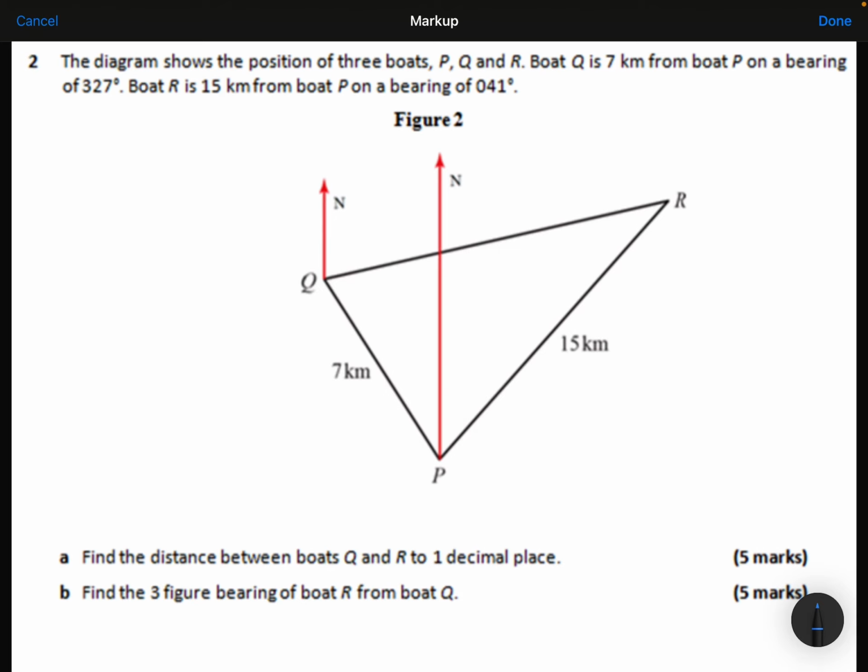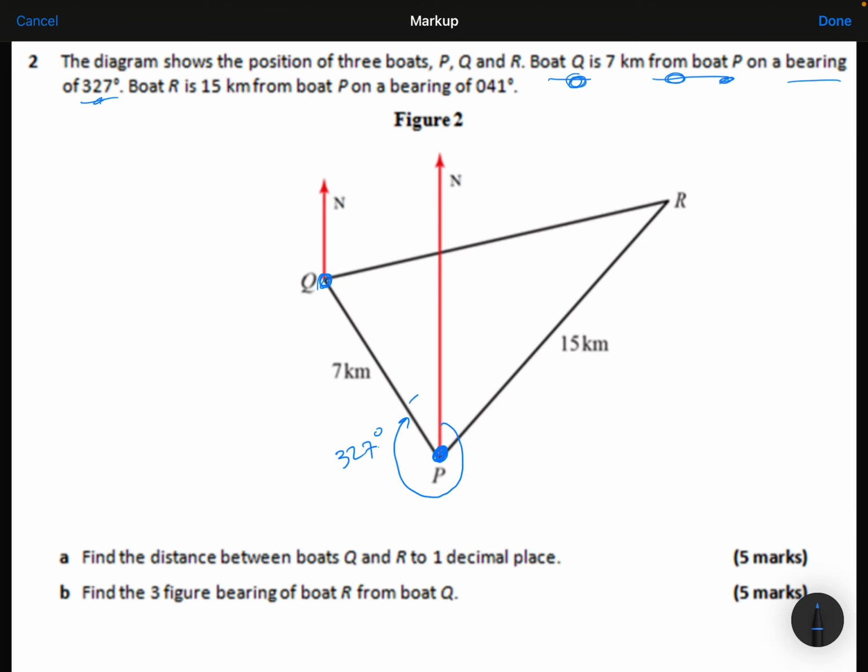So boat Q is 7 kilometres from boat P on a bearing of 327. So Q from P is 327. Starting at P, this angle here is 327 degrees.